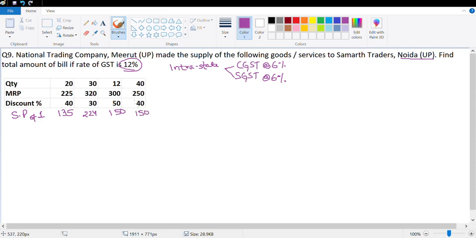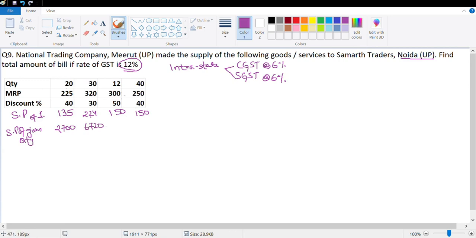Now let's calculate the selling price of the given quantity. Selling price of 135 is the selling price of 1, so selling price of 20 would be equal to 135 into 20, which is 2,700. In this case, 224 into 30, which is 6,720.